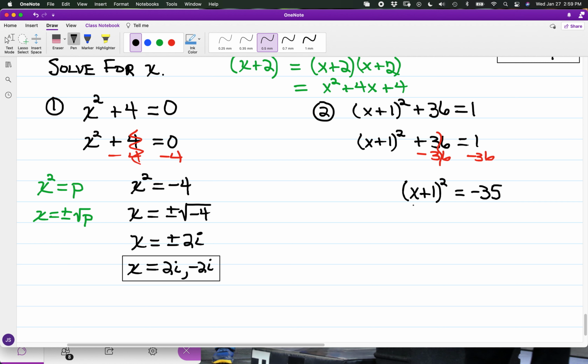Once again, in this setup I can utilize the square root property of equality. So I have x represented by x plus 1, which is squared. If I go from second to first order, I'm going to have x plus 1 equal to plus or minus the square root of -35.